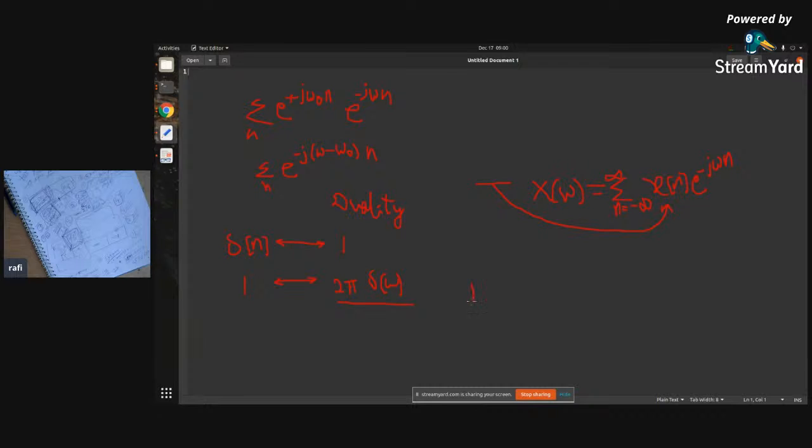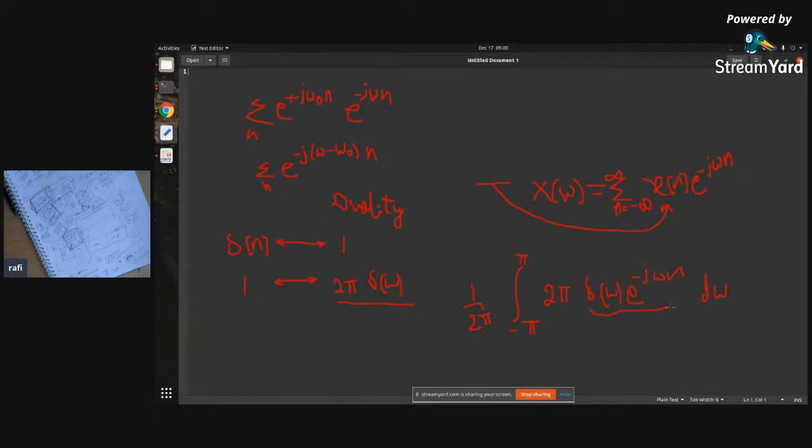It is 1 by 2 pi integral from minus pi to pi of 2 pi into delta of omega e power minus j omega n d omega.